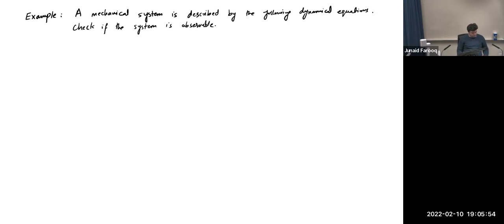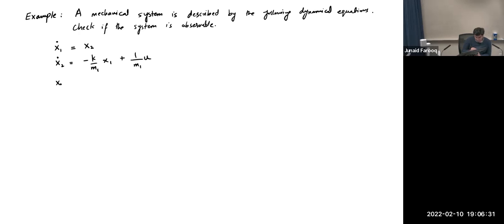Okay, so I think this is an opportunity for everybody to do it with me and try to see whether you can figure that out. So the system is defined as x1 dot equals x2. The x2 dot equals minus k over m1 x1, and plus 1 over m1 u.